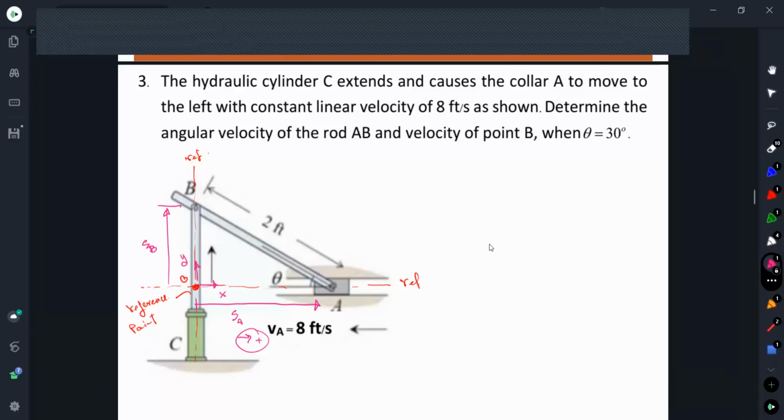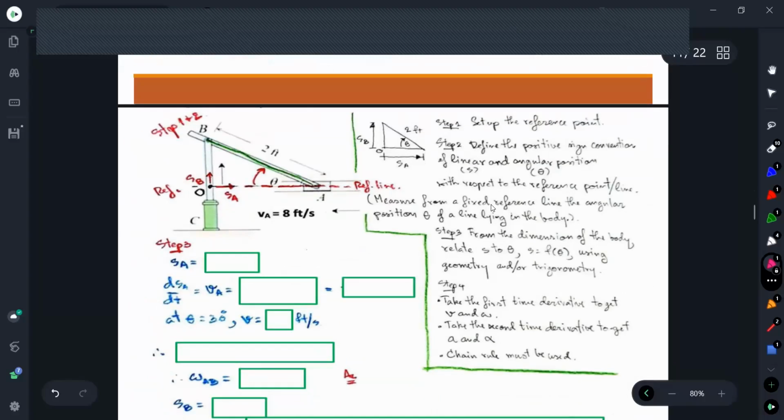After we set up the positive sign convention, we move on to define the geometry of each point that we consider, following the positive sign convention that we set up.